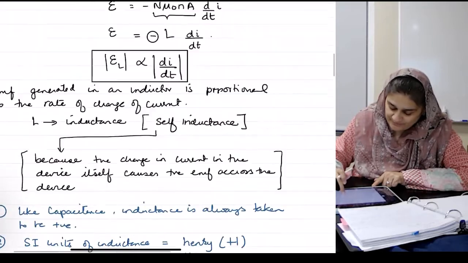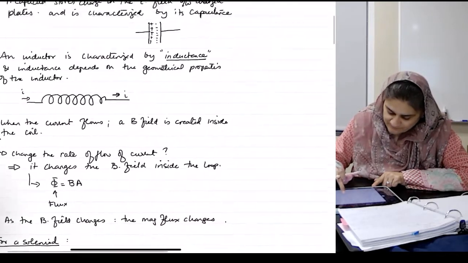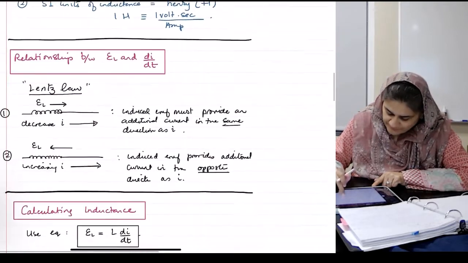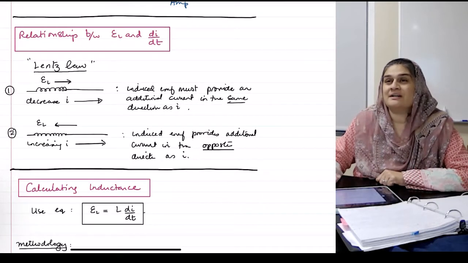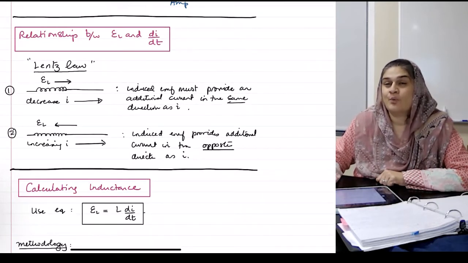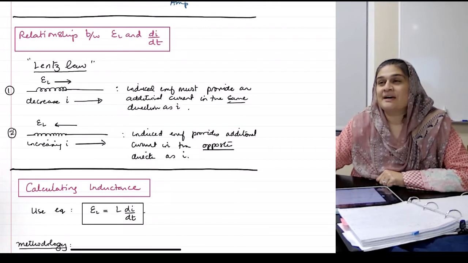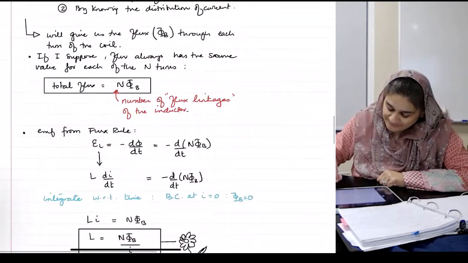So here, where was it? Right here. When you have an increasing I situation, what does the inductor do? It produces an induced EMF that opposes that change, right? Great.